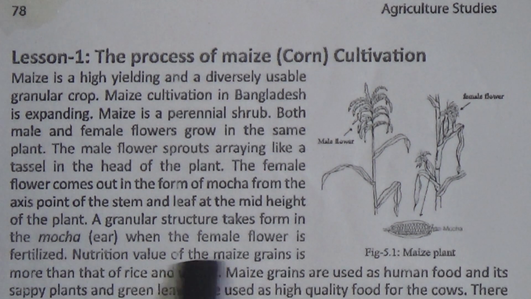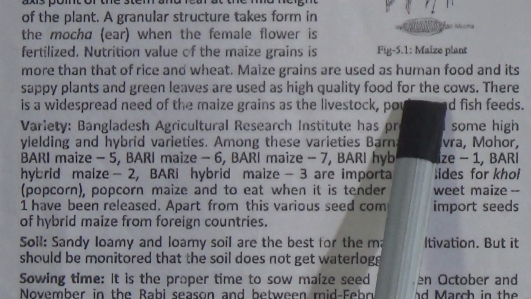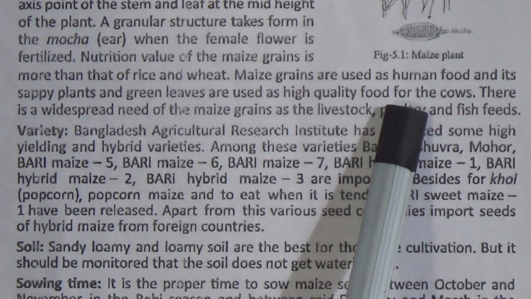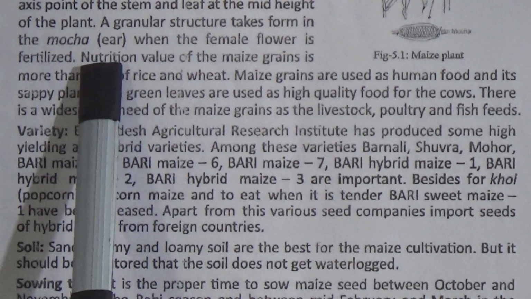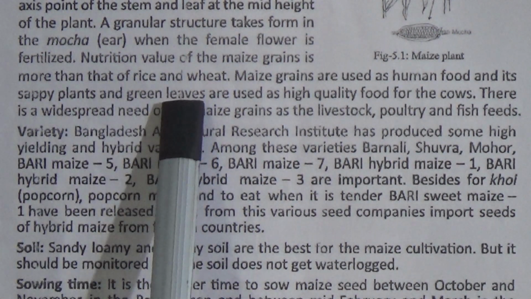Nutrition value of the maize grains is more than that of rice and wheat. Maize grains are used as human food, and its sappy plants and green leaves are used as high quality food for the cows. So why should we cultivate maize? Because the maize nutrition value is more than that of rice and wheat.